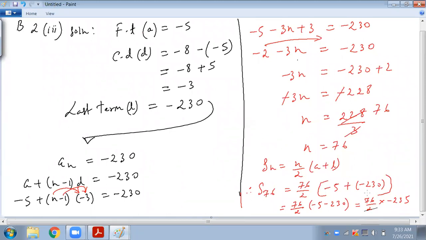Two will go how many times? 38. And if you multiply, how much you'll get? Minus 8930.